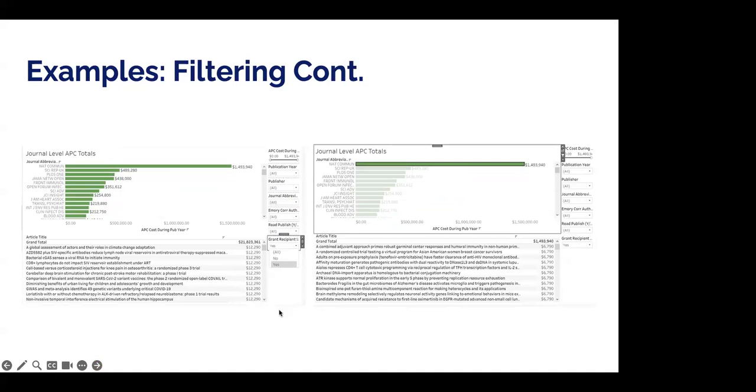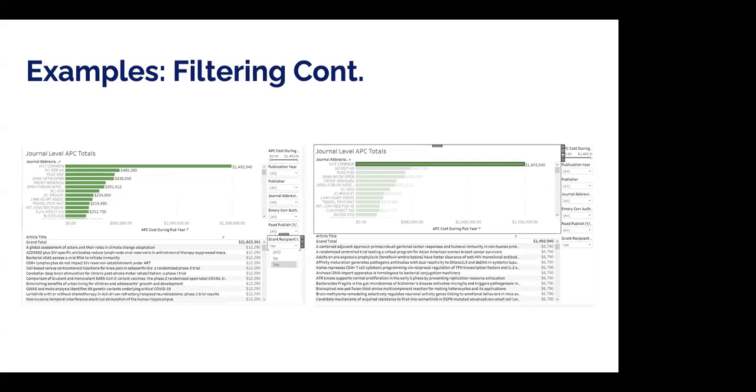In the previous slide, I showed you publisher views and article counts, but there are also publisher views that have APC totals. And this is an example of the journal level views of those APC totals, right? Similarly, we have journal level views of article counts. But for this example, we just wanted to show that we could also look at this with the focus on journals.